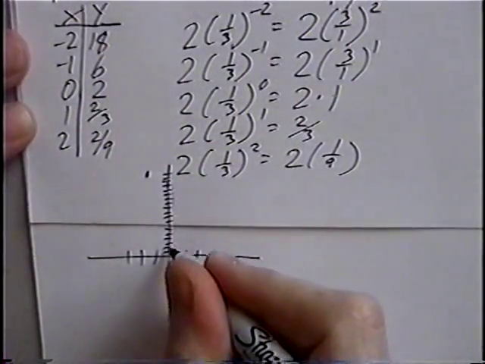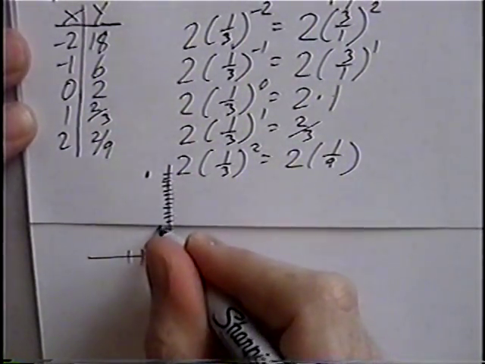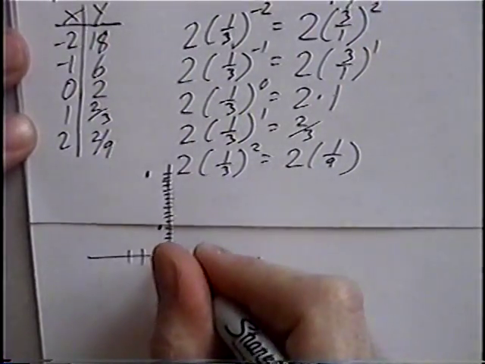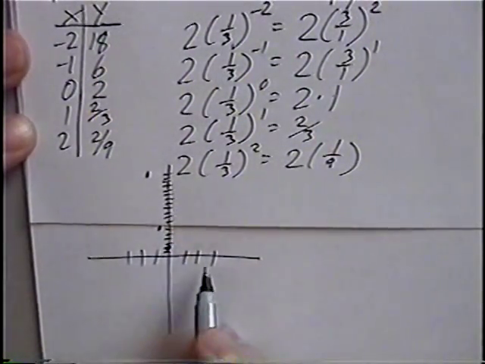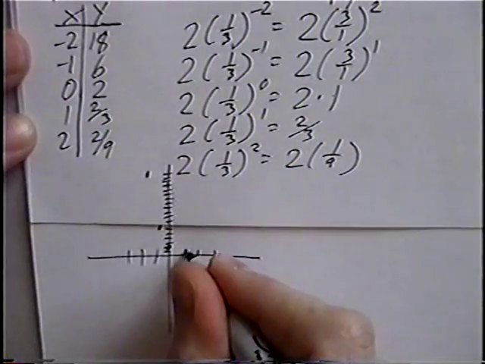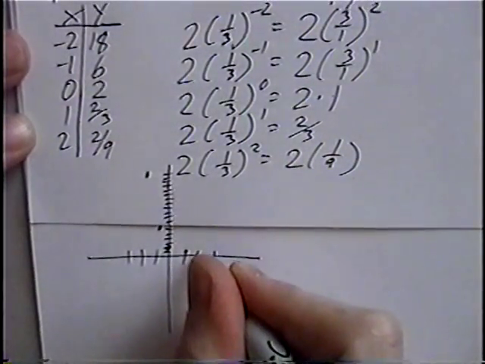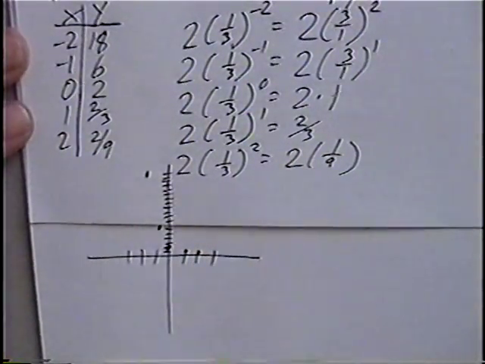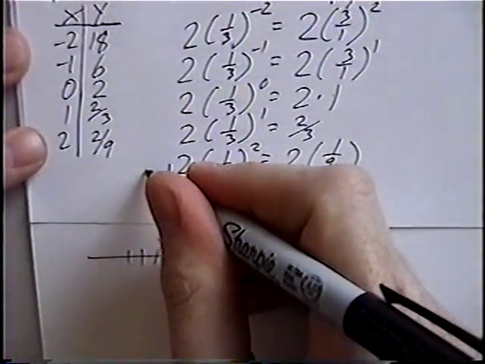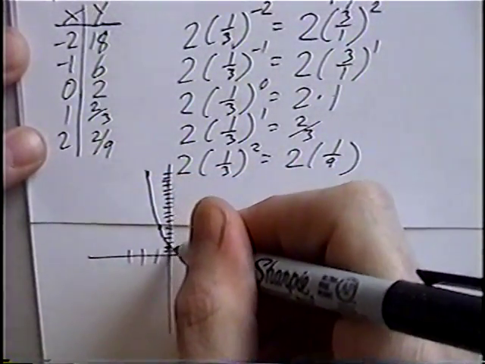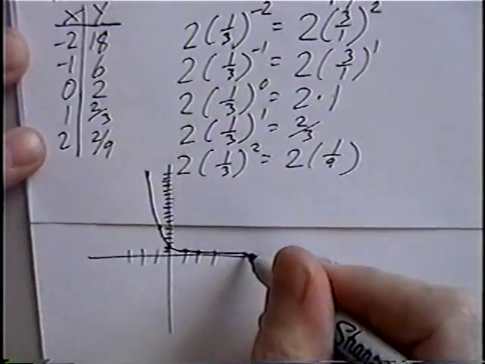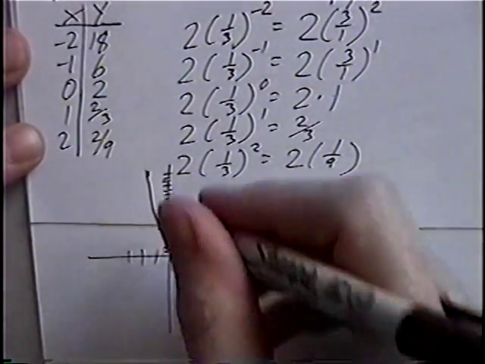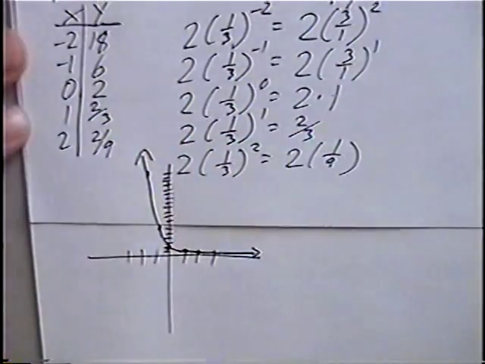And -1, 6. 0, 2. 1, 2/3 will be close to the x-axis, and 2, 2/9 will be close also. Connecting them again, we'll have a curve going through the 5 points. Again, it will go parallel to the x-axis, and off to the left it keeps rising up.